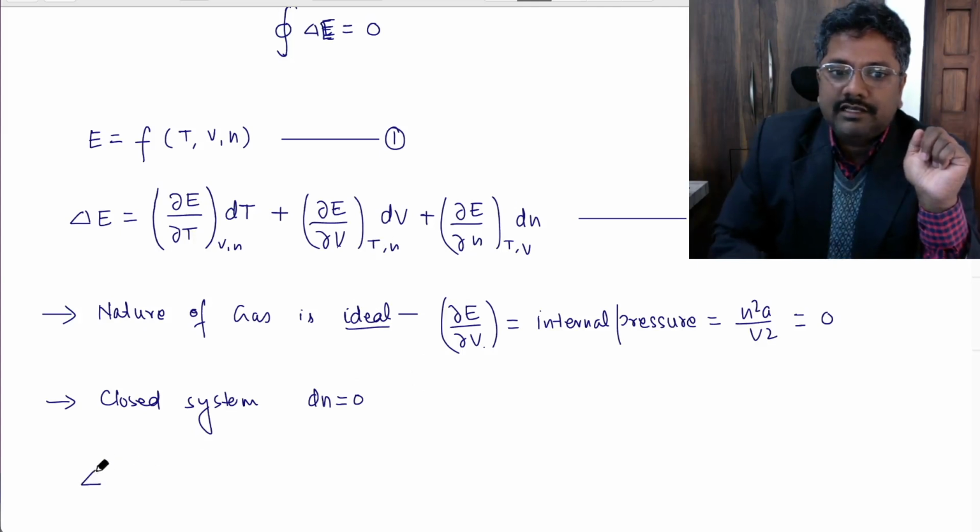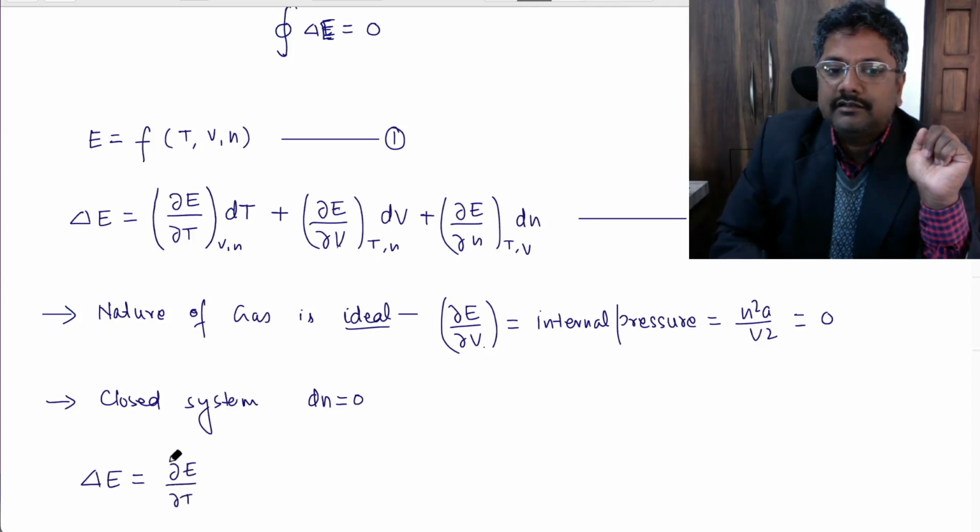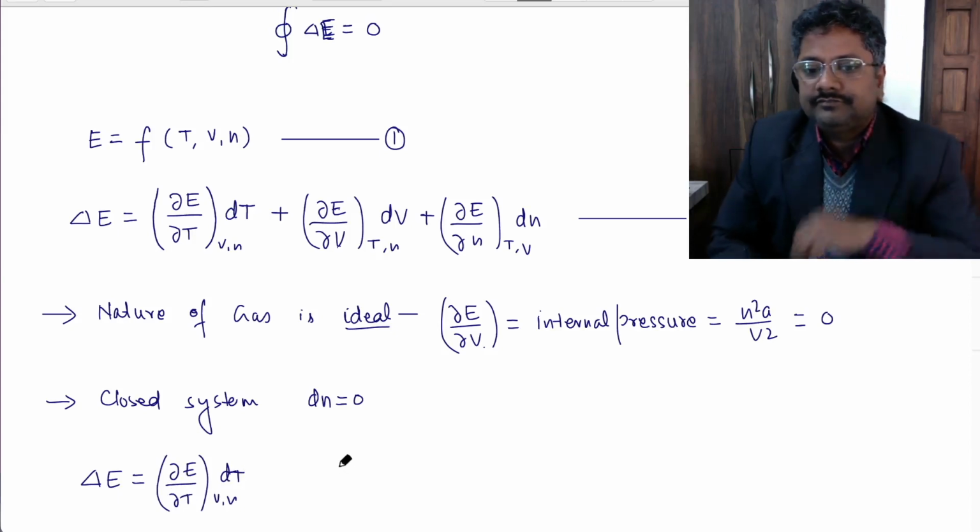So dE is equal to (∂E/∂T) at constant V and n, times dT, right?